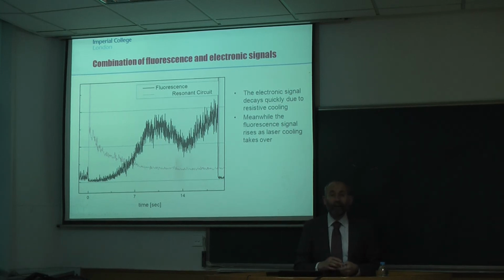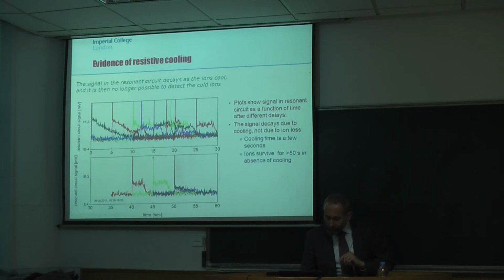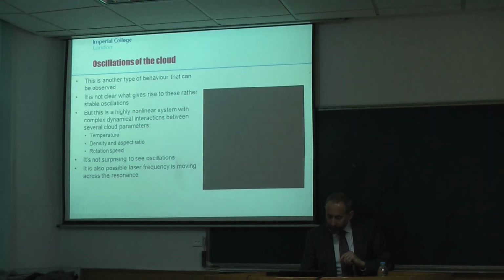But why is there a dip in the fluorescence at 14 seconds? Here? At 14 seconds. Oh, this one? Yes, that's interesting. This happens quite a lot in these experiments, and it might even be visible on this one.